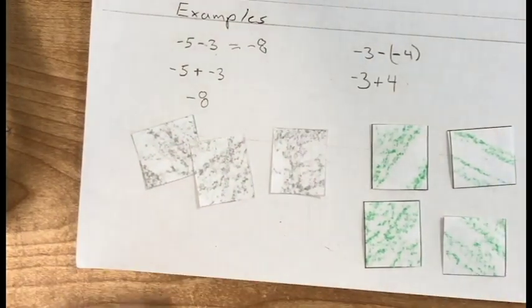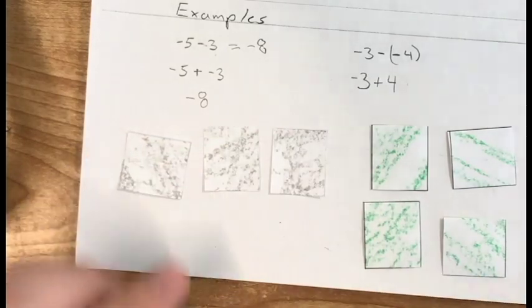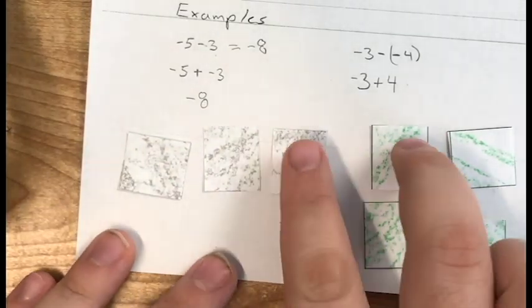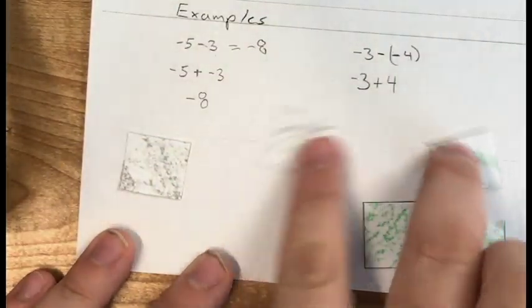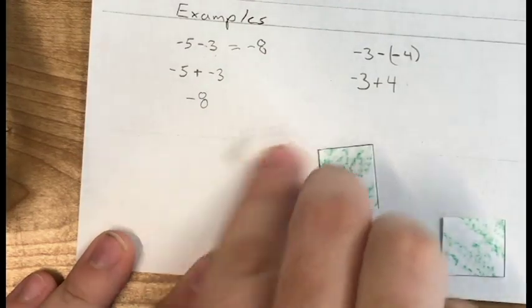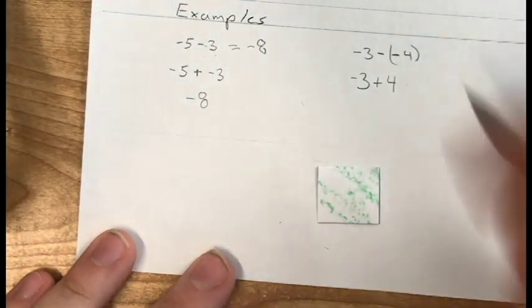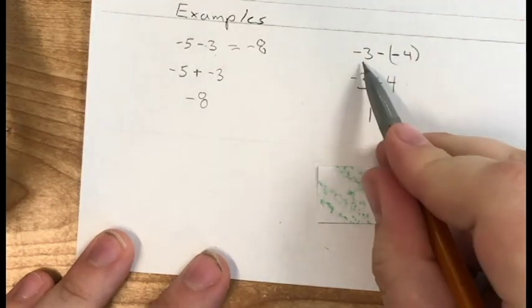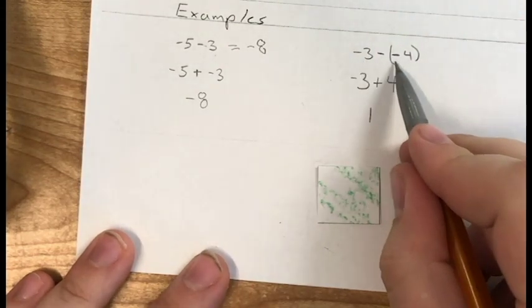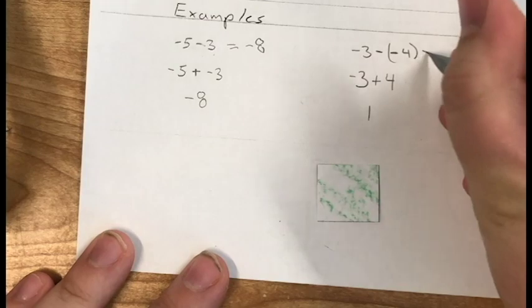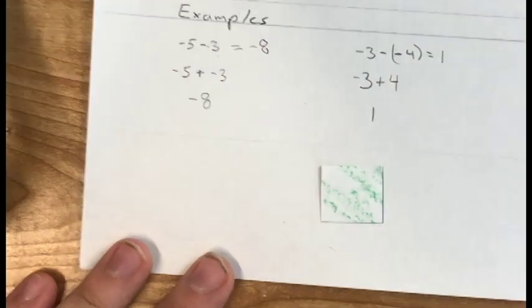Just like we did in the previous video, we make our zero pairs, and they go away, and what's left? +1. So -3 minus -4 is equal to +1.